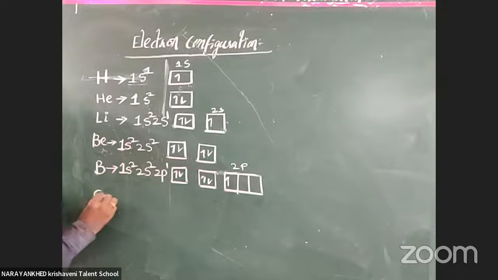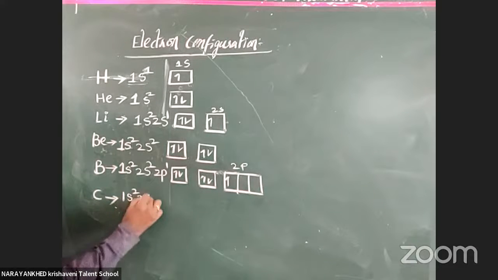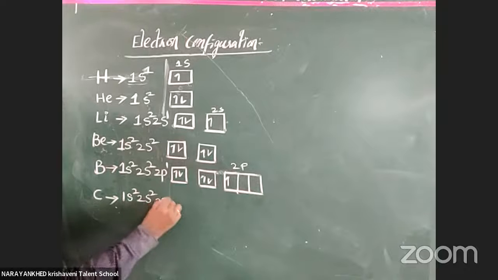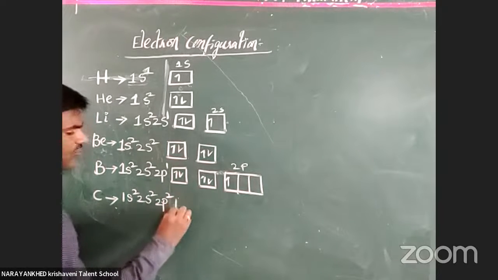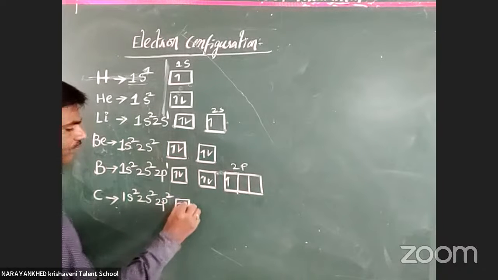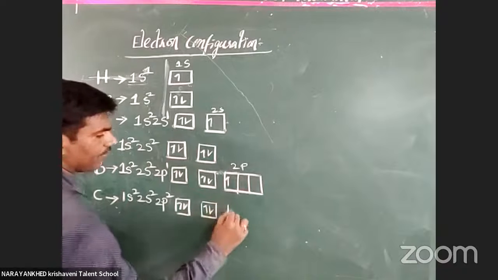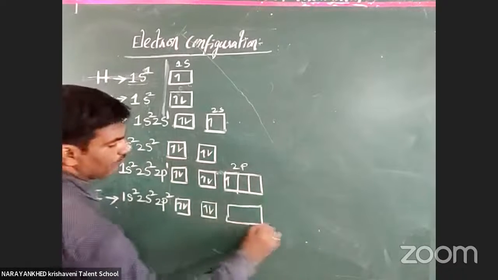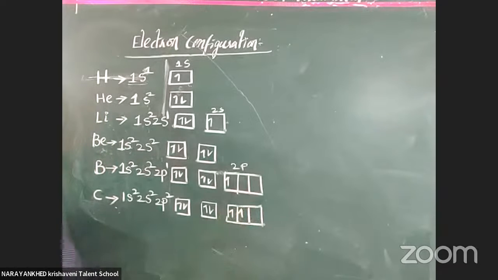Next, afterwards, carbon. 1s2, 2s2, 2p2. There are 2 electrons, and there are 2 electrons again in the 2p.